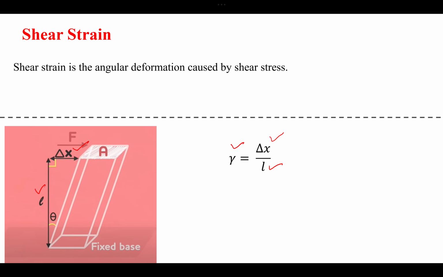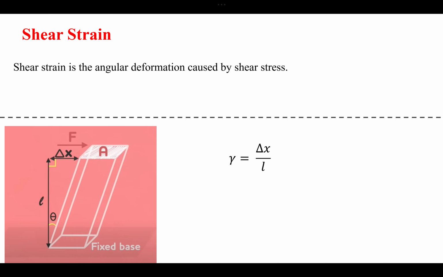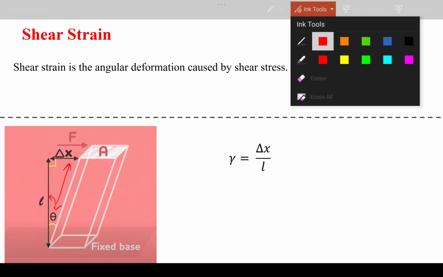Now this is giving you an angle theta here. If you take this theta, the delta x is perpendicular, and the L is parallel to, or adjacent to, the theta. So you can use the tangent of theta.